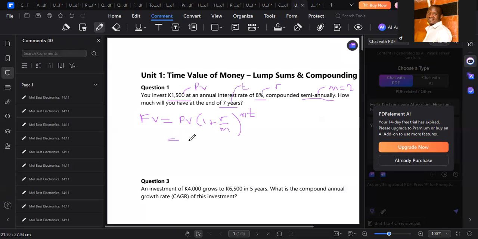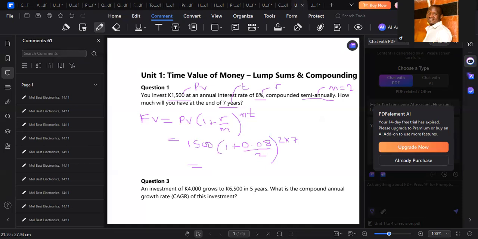So we're going to have 1,500 times 1 plus 0.08 over m. The number of compoundings is 2, times our time, which is 7. Are we together?